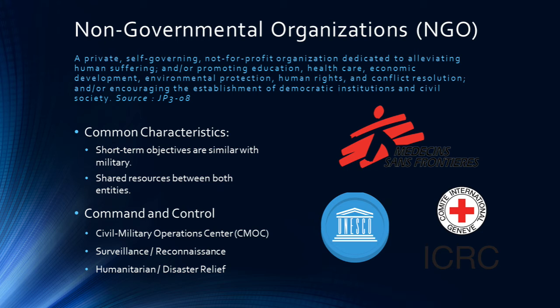A few examples of NGOs are Doctors Without Borders, the International Red Cross and Red Crescent Movement, and the United Nations Educational, Scientific, and Cultural Organization. A common characteristic of NGOs is that they share similar objectives in the short term, and we can share resources such as food, water, and information.